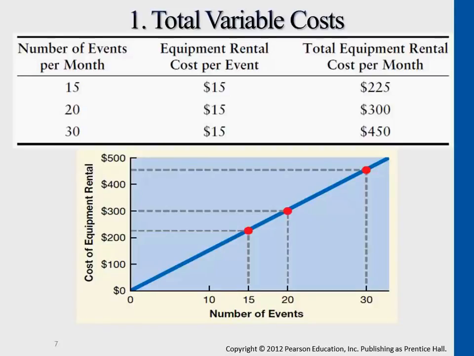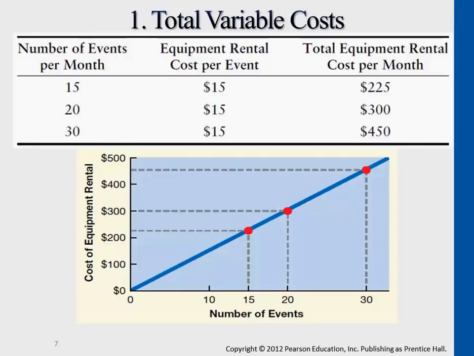And how do we get this? Let's say we don't see the table up front. We just look at this graph here. We can actually go backwards and realize what the rental cost per event is by simply selecting any 2 dots. So let's say we select the first 2 dots. The change in number of events is 20 minus 15. What about the change in the total cost?